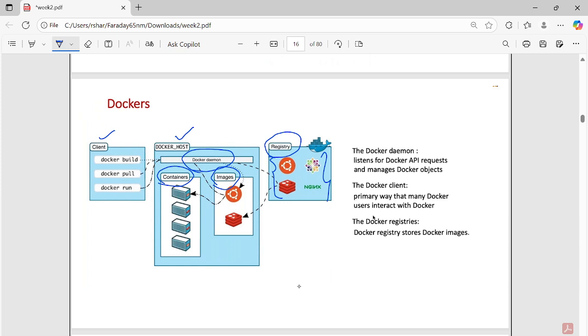Two registries were shown in the NPTEL lecture.